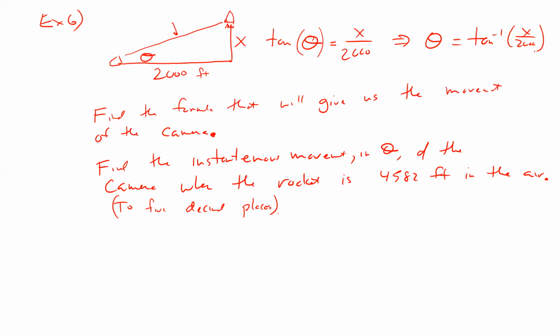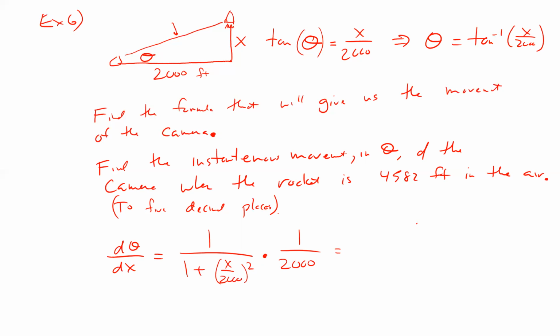There's 1 over 1 plus x over 2,000 squared. I think I'm going to go for it. Yeah, d theta dx is 1 over 1 plus the original one, like that, multiplied by 1 over 2,000. Is that right? Eli, is that what you had? 1 over 2,000?